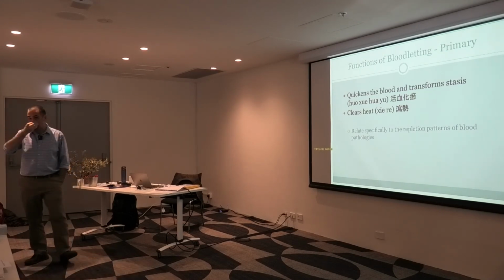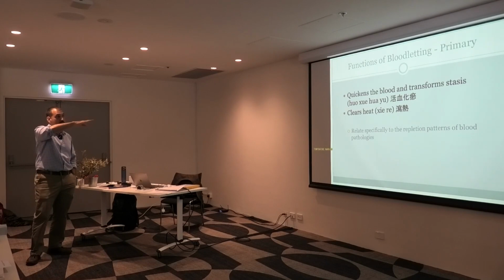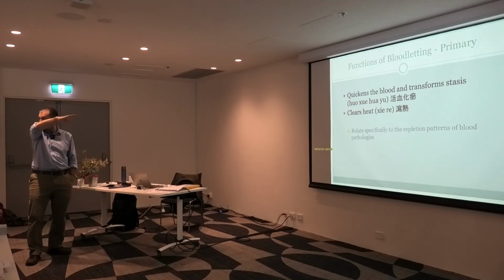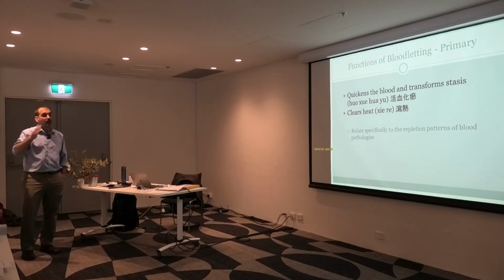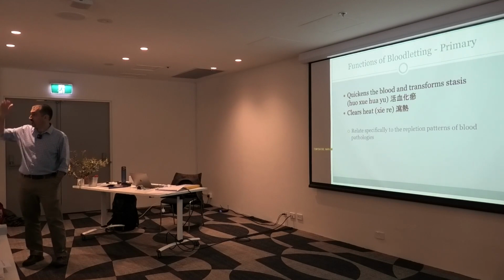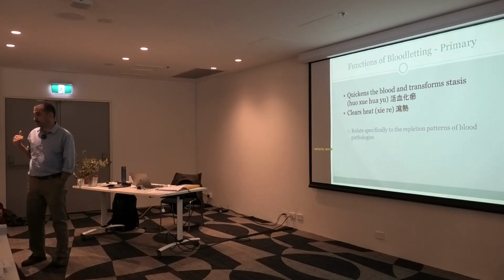If the primary thing bloodletting does is move the blood, or move stasis, and by moving blood we can also move qi, and clear heat, then we can understand all the other things in the list.